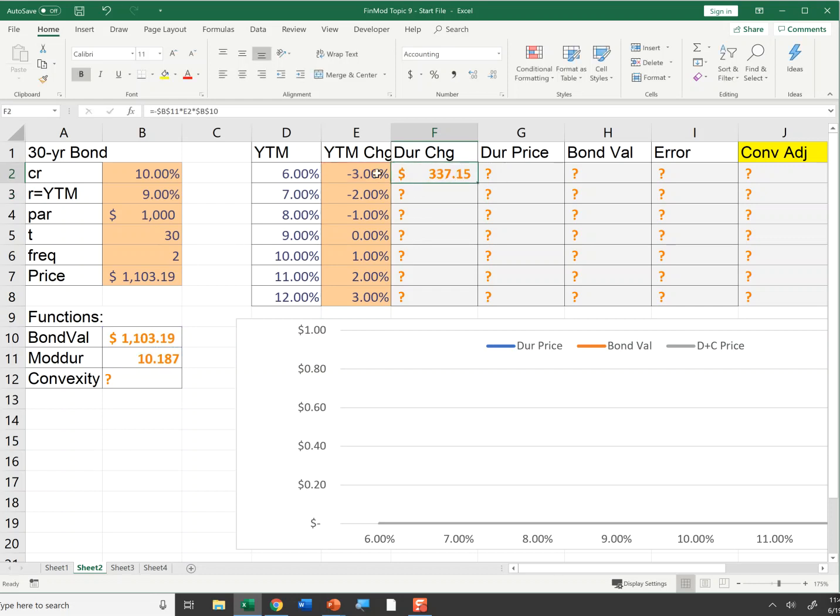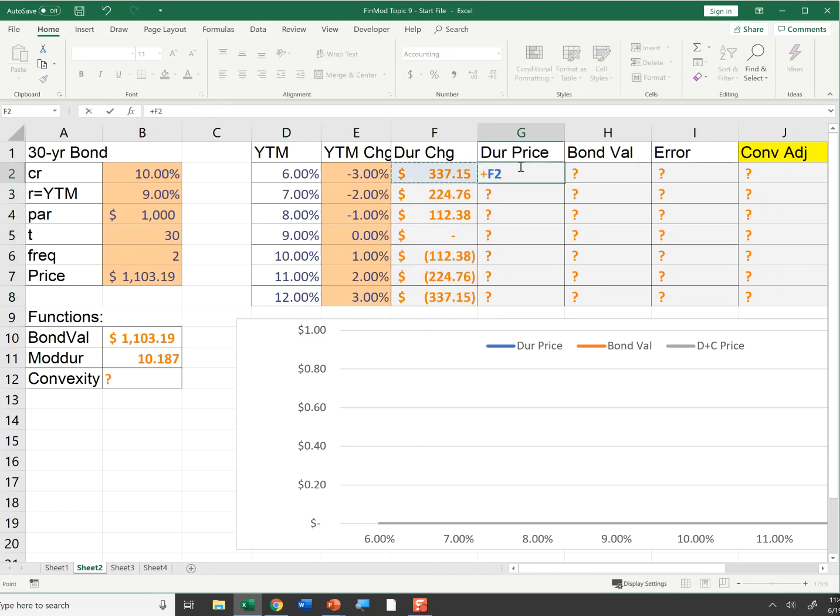So if rates are down 300 basis points, this bond is going to gain about 30%. Modified duration of 10 times 300 basis points, so it's going to gain about $337. I'll copy that down. If rates are up 300 basis points, it'll lose $337. That's our inverse relationship.